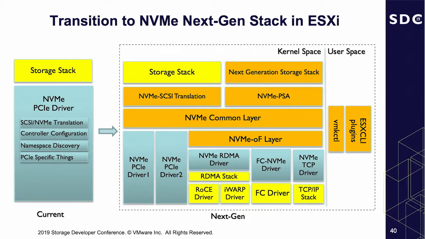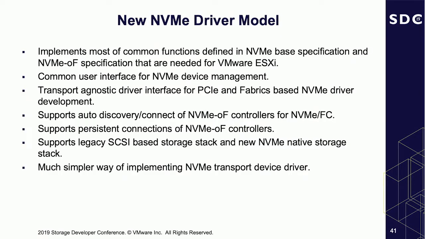One of the other things that we have done is provide a rich interface for management and configuration, both CLI based and UI based. So this is the model we are moving towards. And in the next slide, I'd like to cover some of the advantages that this model is bringing to us.